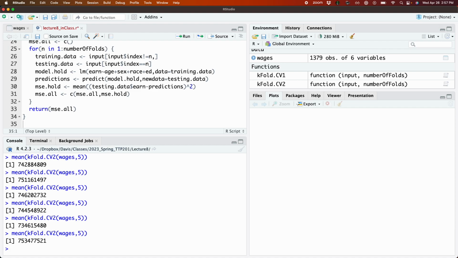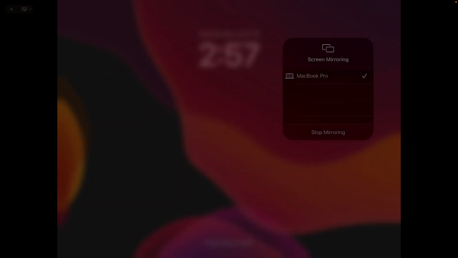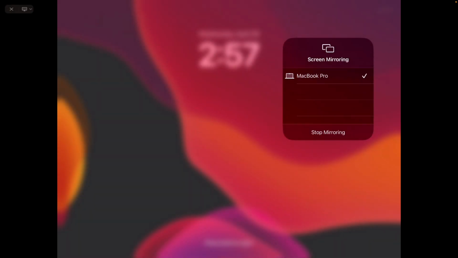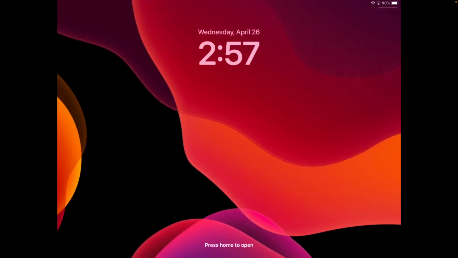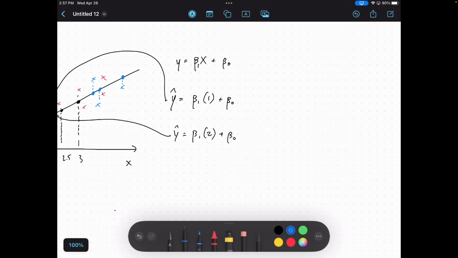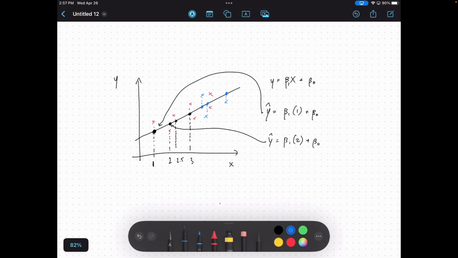Any questions about this before we move on? So I'd mentioned at the beginning of today's lecture that there's essentially two things that we are focused on today.